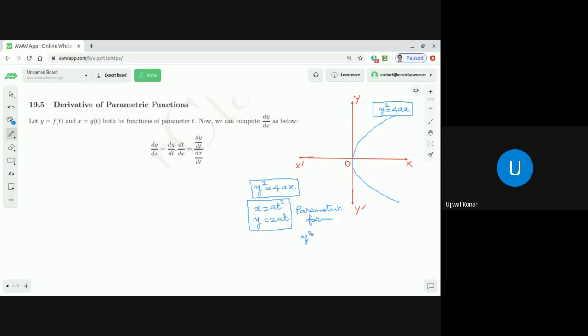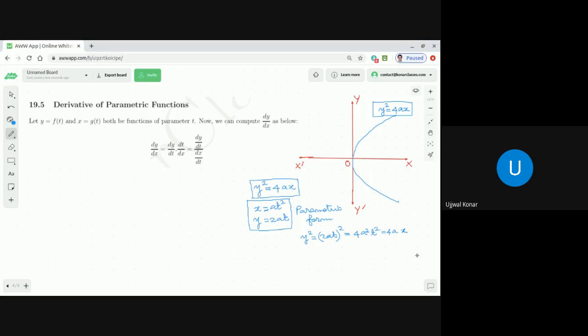What is y square? Y square equal to (2at) whole square, no, dear students? (2at) whole square is equal to what? 4 into a square into t square. So that is equal to 4 into a into at square. That is nothing but x. So you get y square equal to 4ax, no? Yeah.